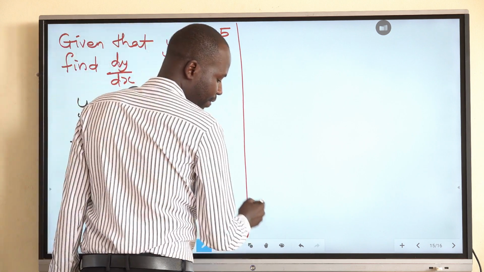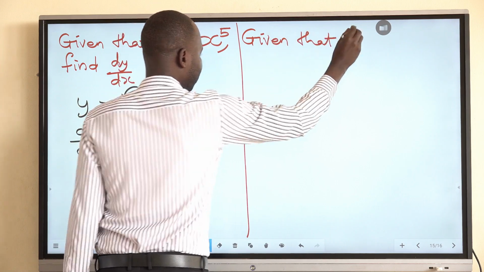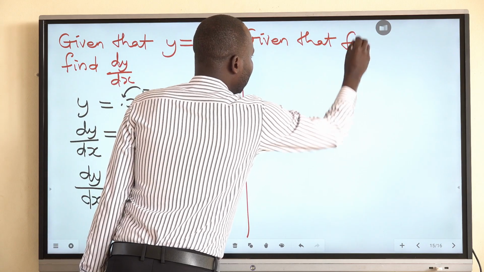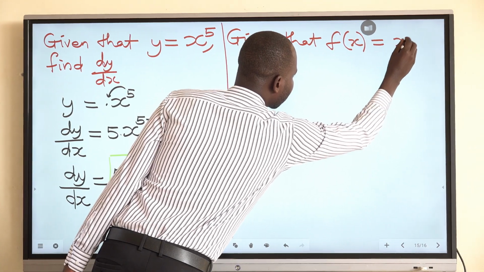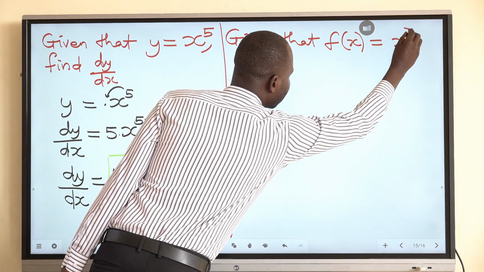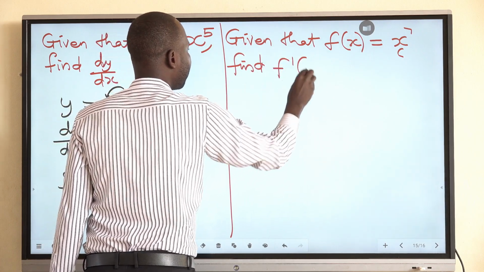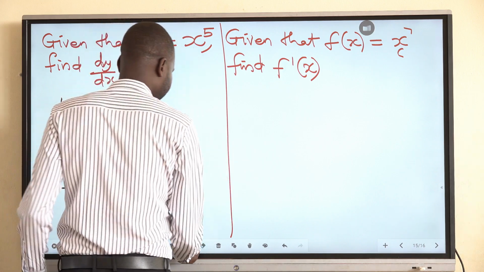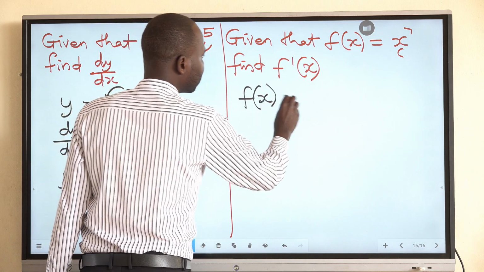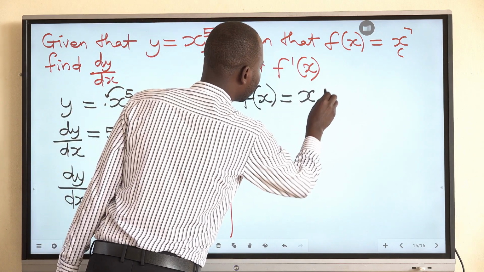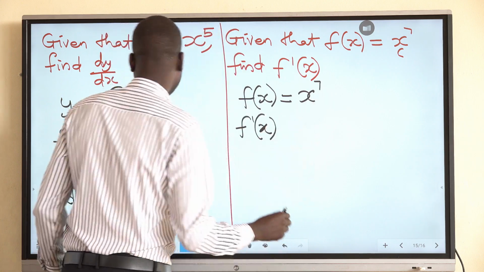Let's see another example here. You can be given a function and say, given that f(x) is equal to x to power 7, find f prime of x. So the function given is x to power 7. F prime stands for the derivative of this, or the dy dx.